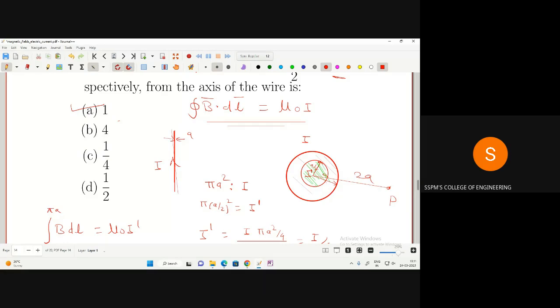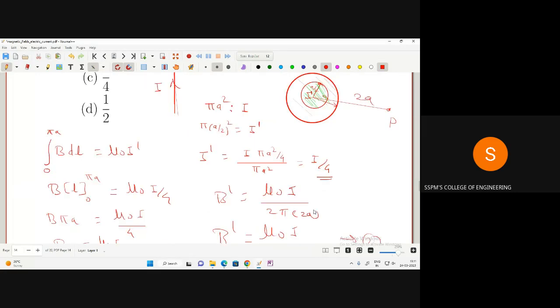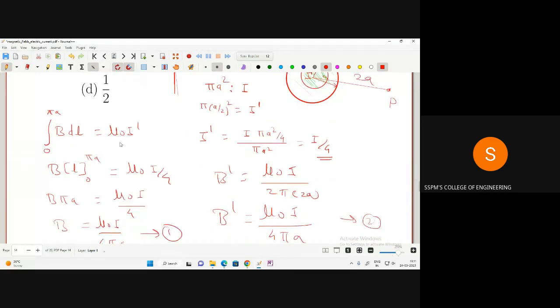युजिंग दिस लॉजिक, the current I is flowing through the cross section of pi a square and I prime is flowing through the cross section of pi (a/2) square. So what is I prime? I prime is equal to I/4. आहे ना इथे I/4 येणार. त्यानंतर मग एम्पियर सर्क्युलर लॉ यूज करा. इथं I प्राइम I/4 घ्यायचं. नंतर L फाइंड आउट करा.